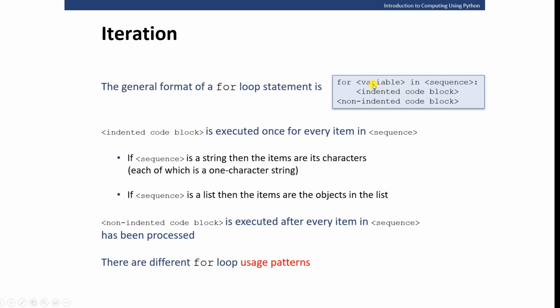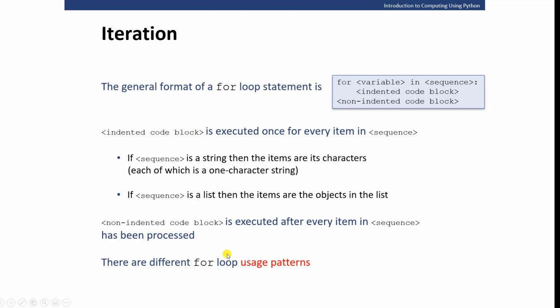After the indented code block has been executed for the last value in the sequence, the execution resumes with the statement in the non-indented code block. As you can see, this non-indented code block has the same indentation as the for loop.